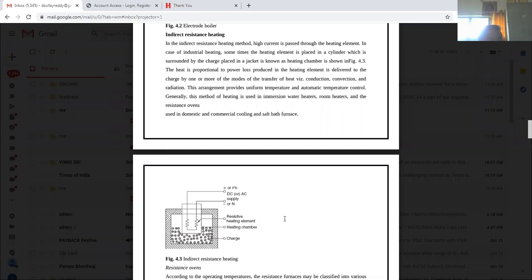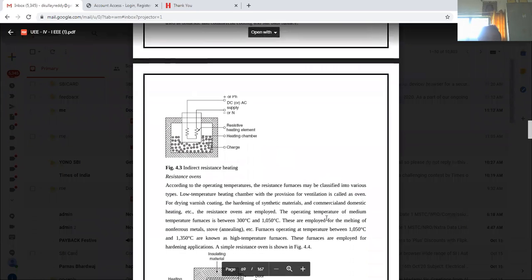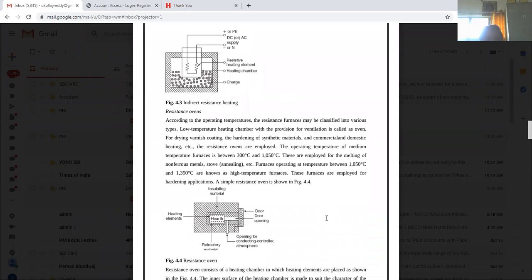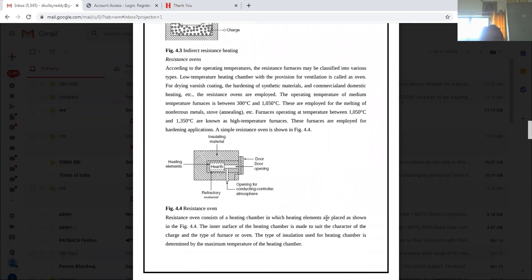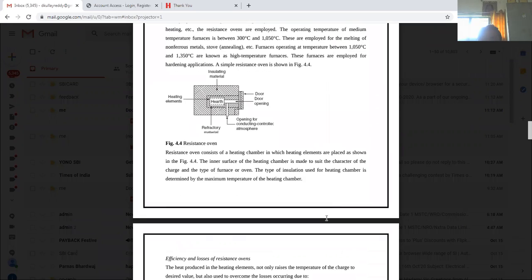Similarly, indirect resistance heating is used in resistance ovens, where temperature increases. Most agriculture cases use these resistance ovens.